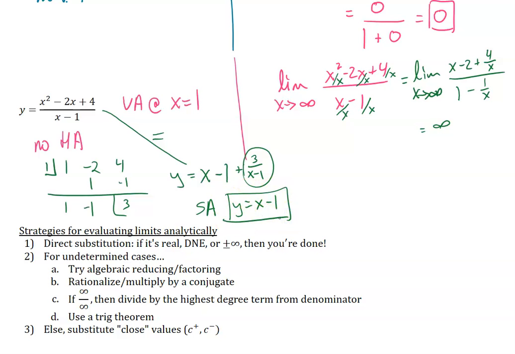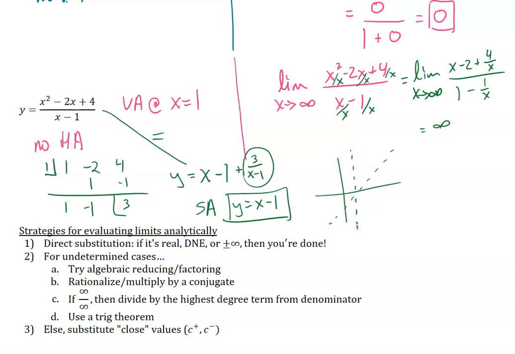And if you think about what a slant asymptote looks like, let me give you a quick example. So y equals x minus 1, that's going to be like this. And then the vertical asymptote at x equals 1.